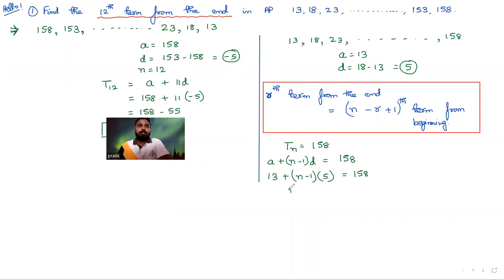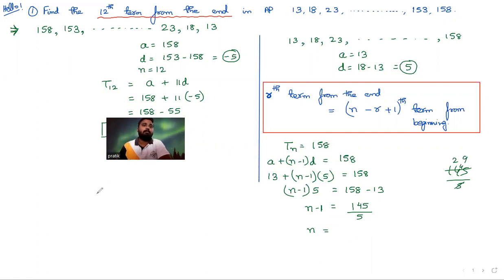So when we do this, this is n minus 1 into 5 is equal to 158 minus 13, which is 145. 145 by 5 is equal to n minus 1. 5 2s are 10, 5 9s are 45, so that is 29. 29 plus 1, which is equal to 30. n is equal to 30.